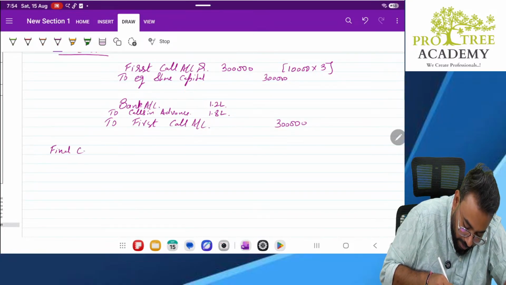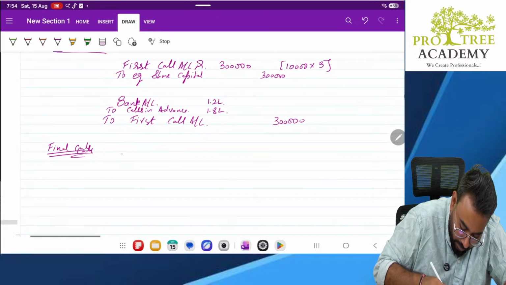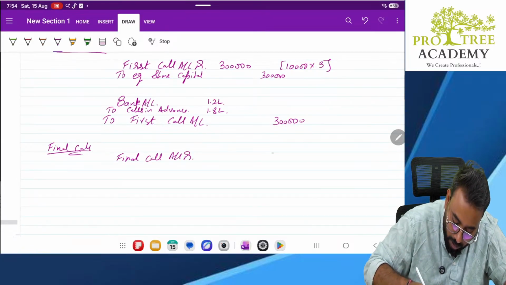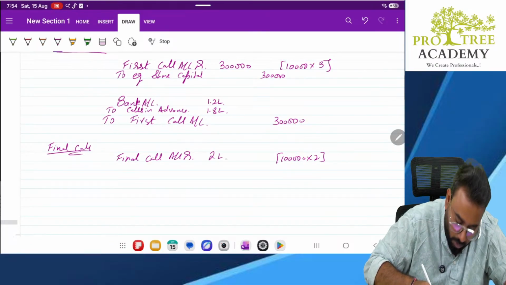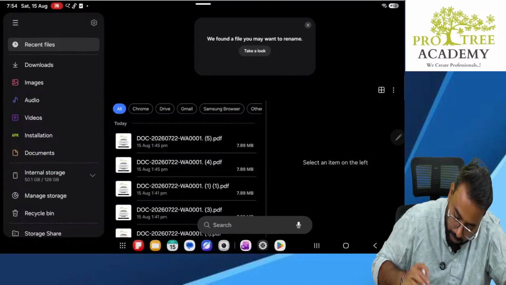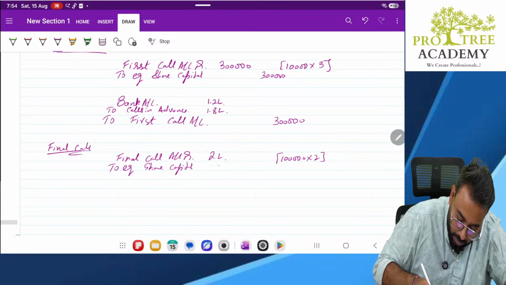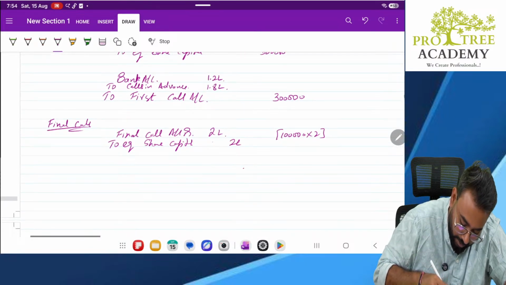Next, final call. Final call account debit. How much? Sir, 1 lakh shares into 2 rupees each. So 2 lakhs to equity share capital, 2 lakhs. Correct? Then we'll receive the money in bank account.